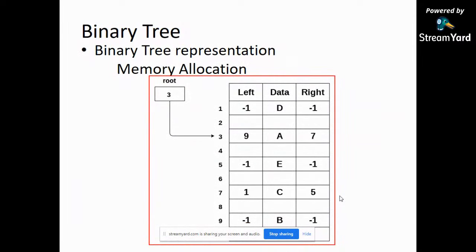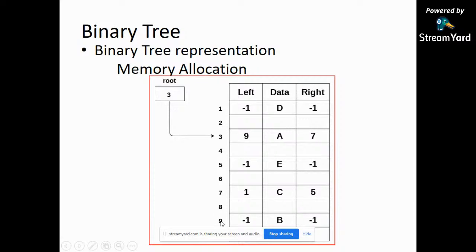Now in this diagram, we'll see how memory is allocated. So here you can see root pointer is pointing towards 3. So the third memory location is basically the root node. A is the value in the data part, 9 is the left pointer, 7 is the right pointer.